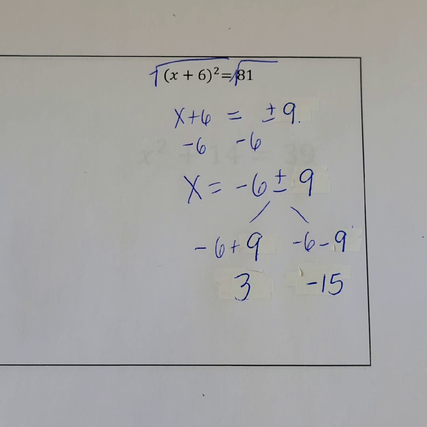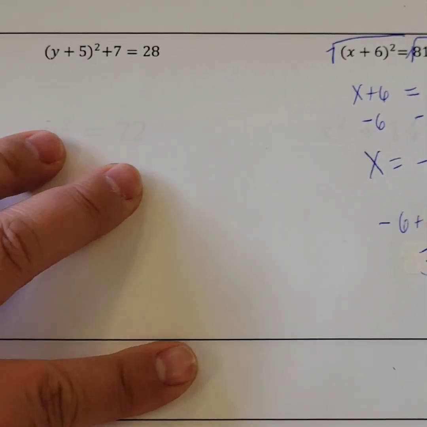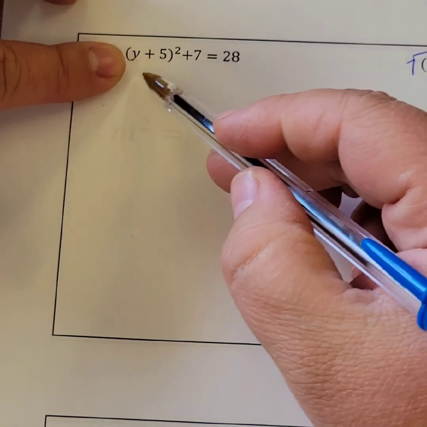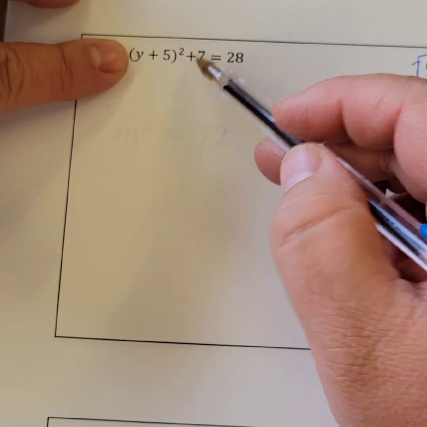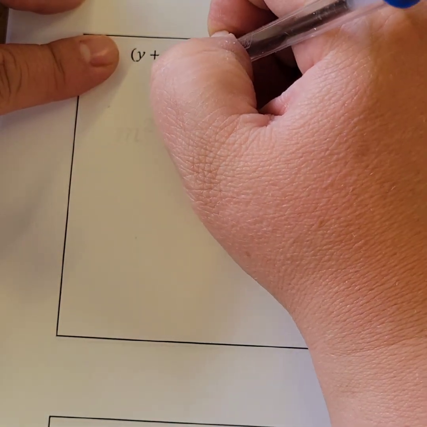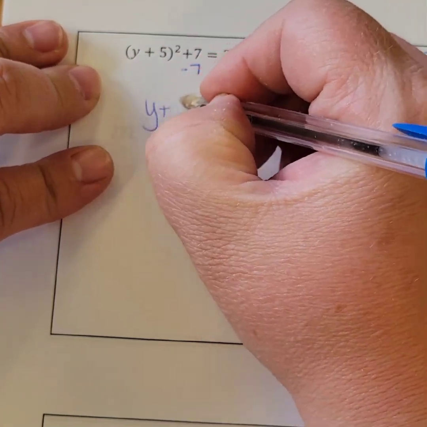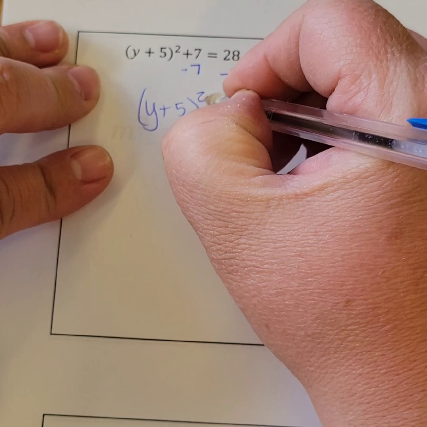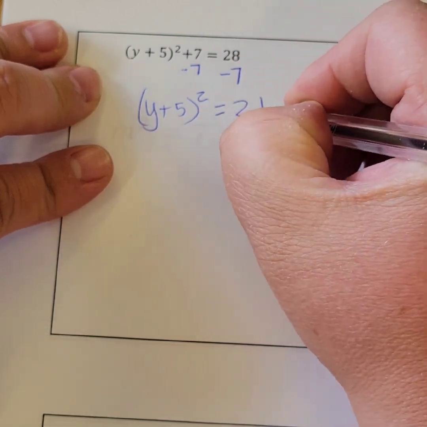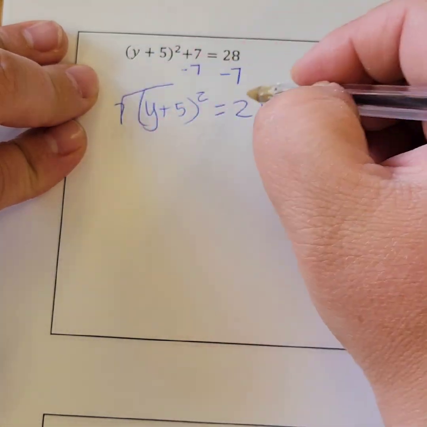Now we're better. All right, so then on this one, this squared thing isn't by itself. We have a 7, so we have to move that first before we can square root each side. So we have y plus 5 squared equals 21. And then we'll square root both sides.